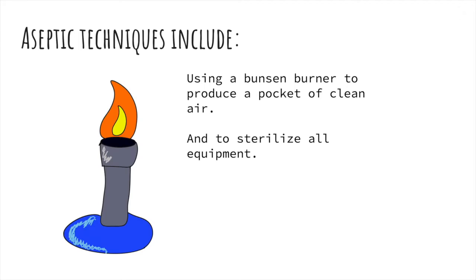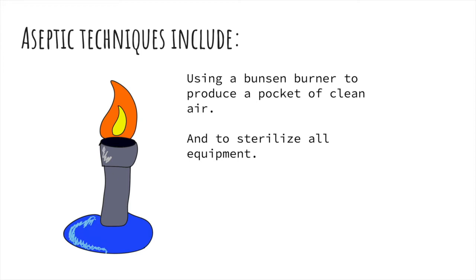Good. And then what we use is a Bunsen burner, and whenever you're pouring your agar and trying to grow your plates, and we'll have a little video of what that looks like in a minute, you have a Bunsen burner on. What this does is it means all the hot air rises above your work surface, and it takes any pathogens in that air up with it, and it creates like a protective bubble in which you can work.